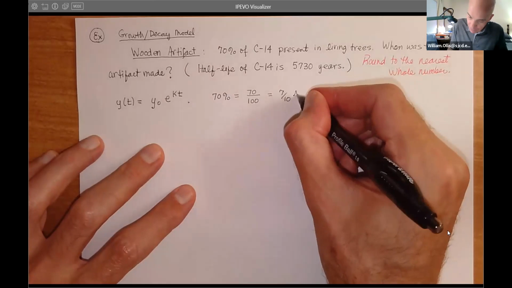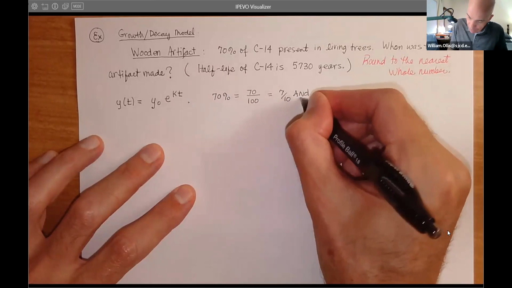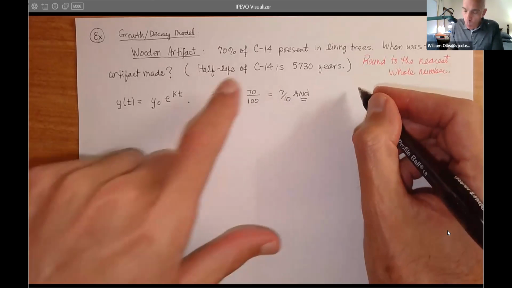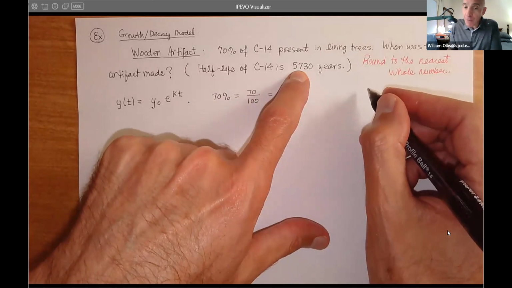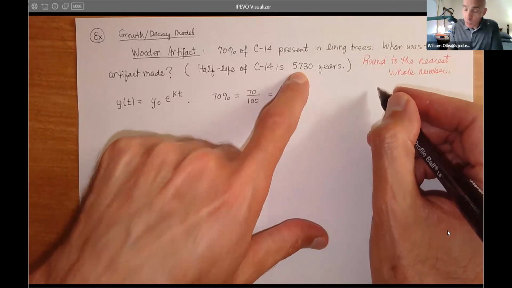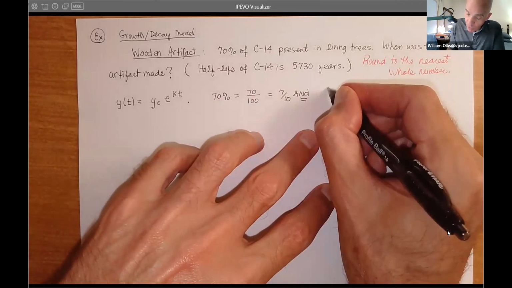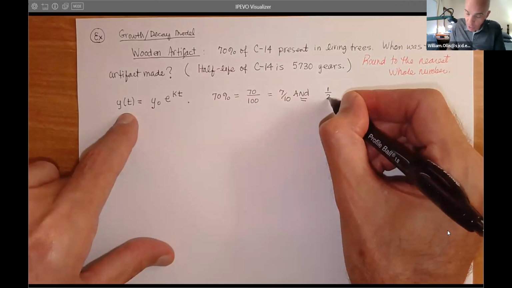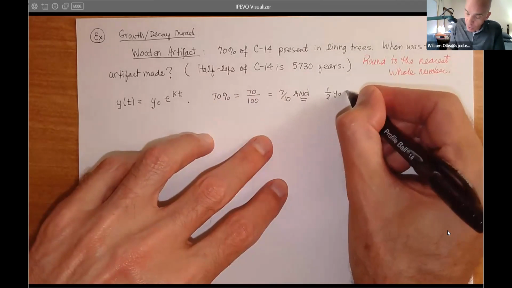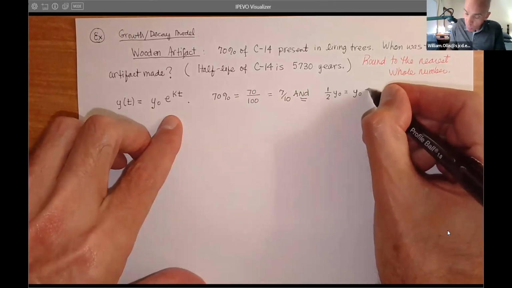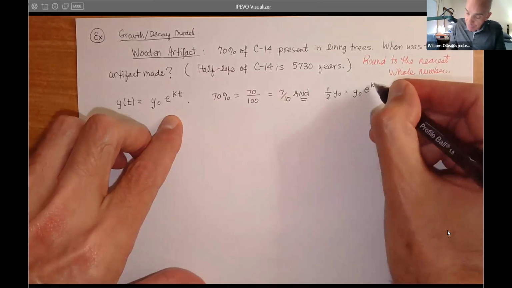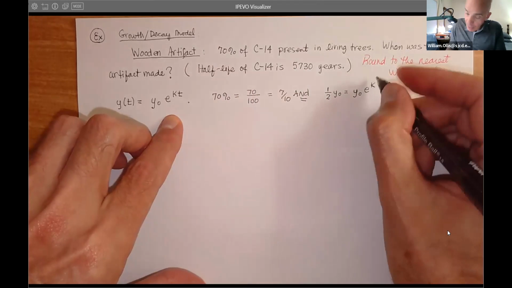And 1/2 of the original amount will be present after 5,730 years. So we have 1/2 y sub 0 equals y sub 0 e to the k times 5,730, and we want to solve for e to the k.